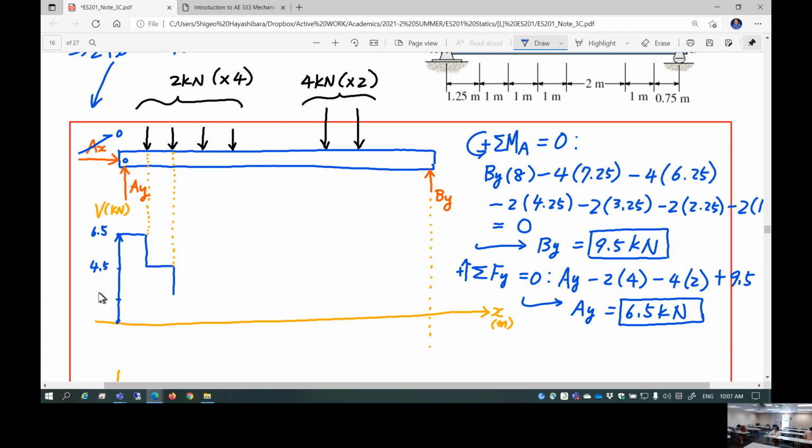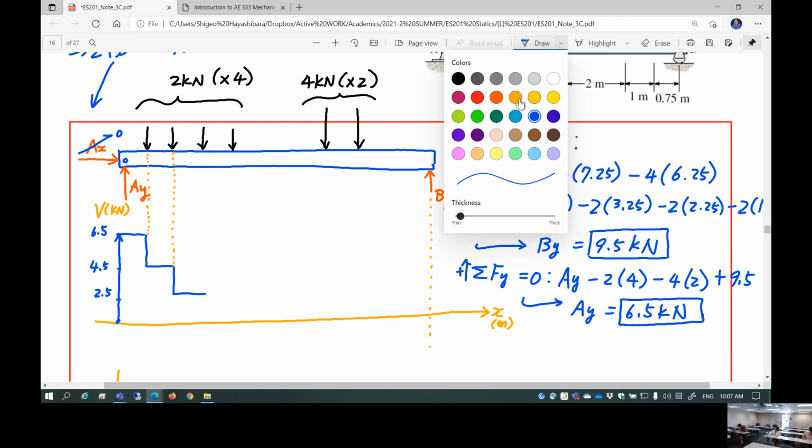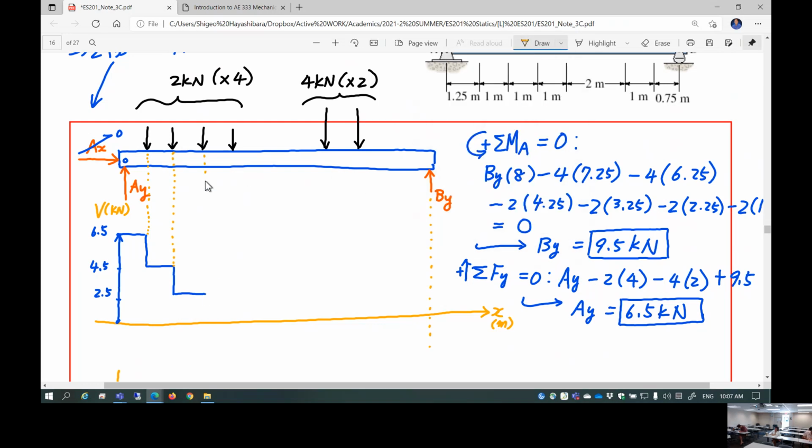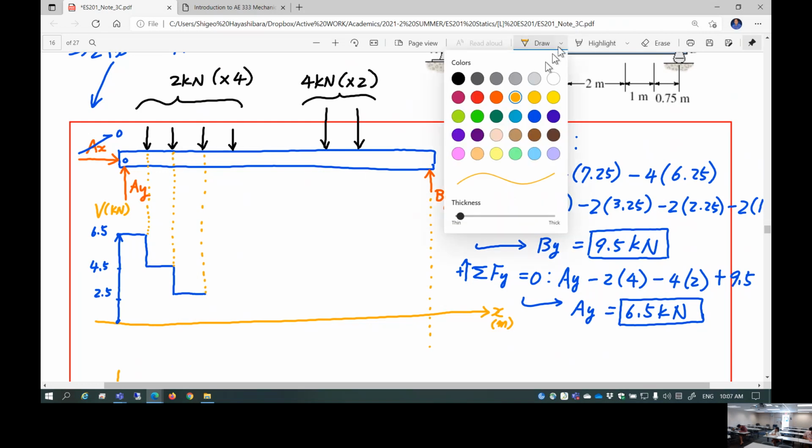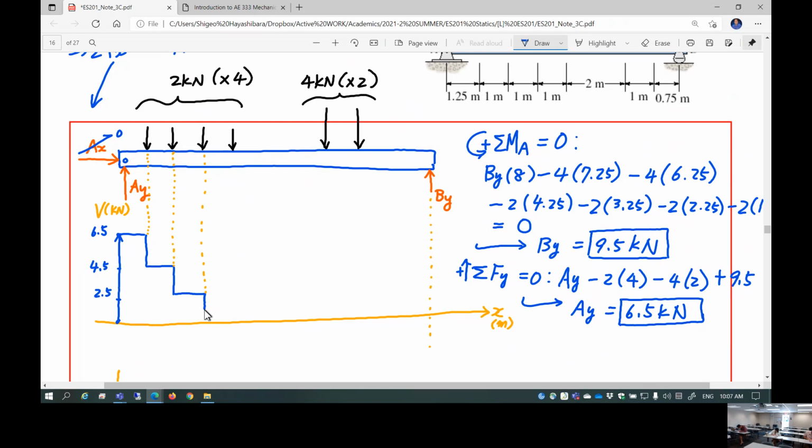Jump down to 2.5. Is that right? And it is constant up until you hit here. Right? Then now you have another jump of 2. So now you hit 0.5.